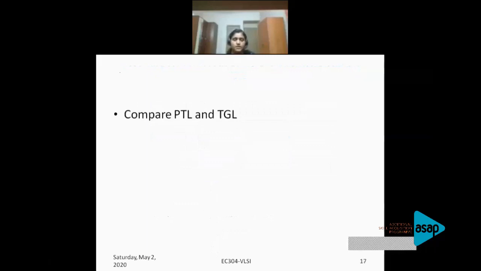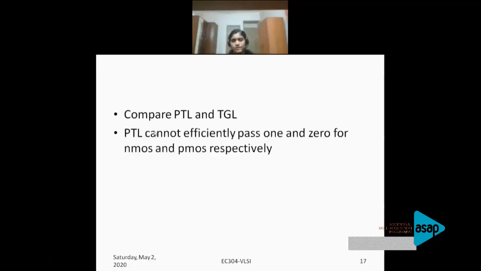Okay, so just a small comparison. So far we have seen pass transistors, we have seen complementary pass transistor logic, and we have seen transmission gate logic. So if I just compare between pass transistor logic and transmission gate logic, what are the main points that you have to see? First main point is we know that pass transistors cannot effectively pass 1 and 0 for NMOS and PMOS respectively.